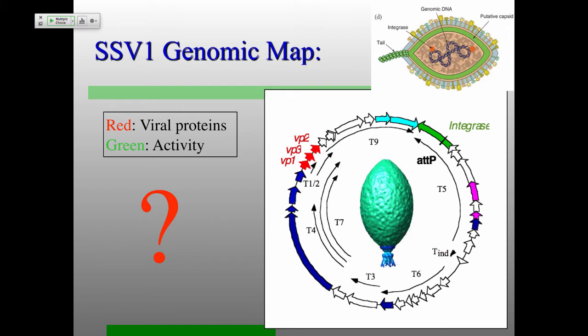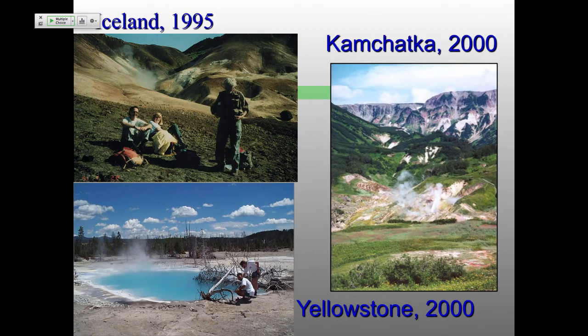So yeah, but most of these open reading frames here, we had no idea what they were doing. So there are a couple of ways to try and address that. One is genetics, that we'll talk about a little bit later on. But the fun way to figure out what's going on with these things is to go and find more of them. Do a comparative genomics approach.